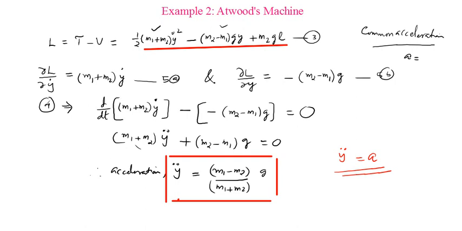So we can say that this method has an advantage. What is the advantage? You need not be aware of the tension force. You never calculate the tension force T in the strings. So tension is not found out, right?